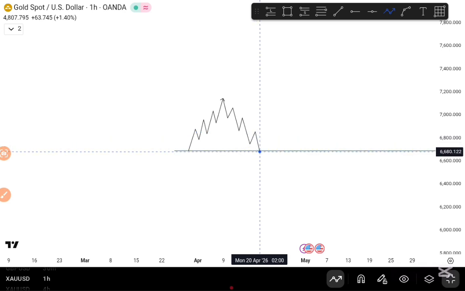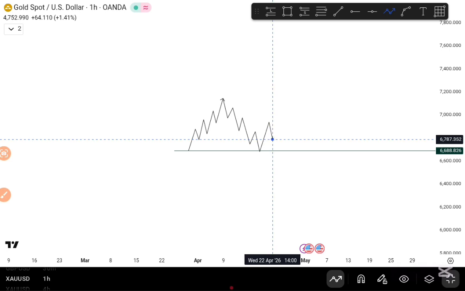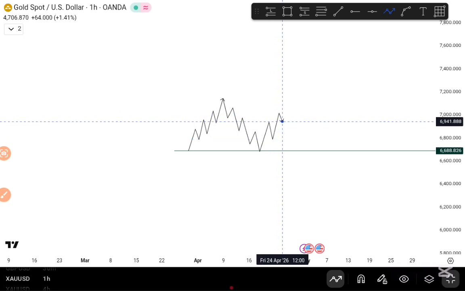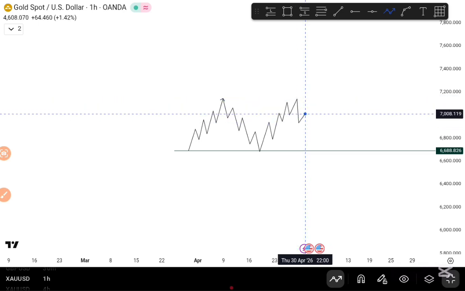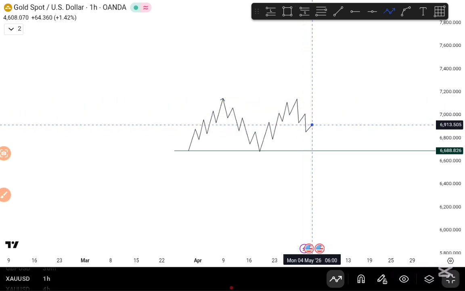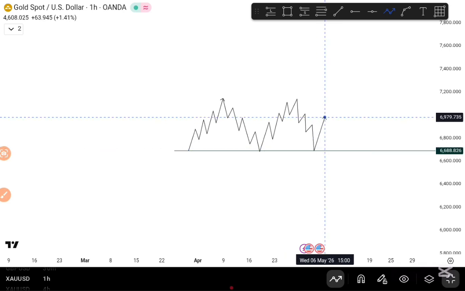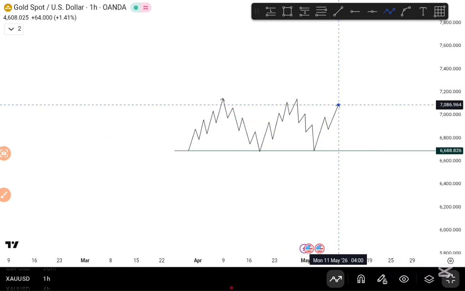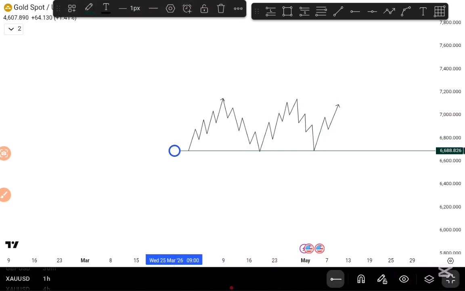The market came back to this point, reversed and started buying again. The market got to this point, same thing follows. The market reverses again. So what are we going to call this point? We're going to call this point support.